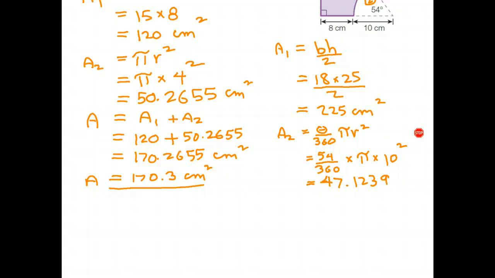Okay, now we're going to go ahead and find the total area. In this case, it's the area of the triangle, which is area 1, minus the area of the sector, which is area 2, and I get 225 subtract 47.1239. Let's do that calculation.